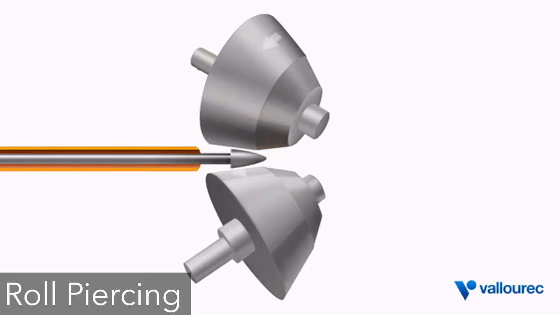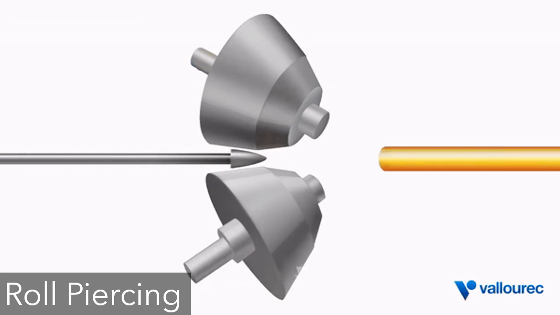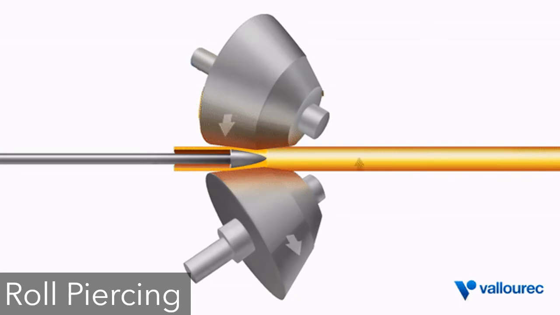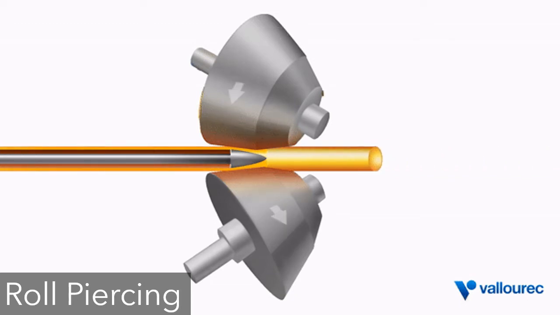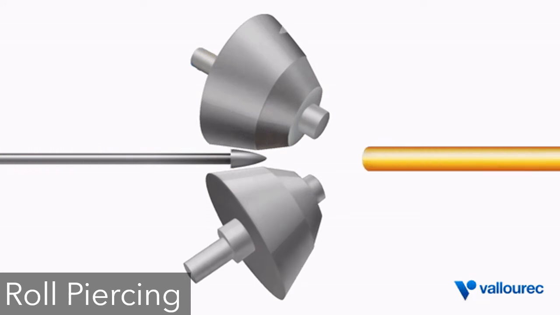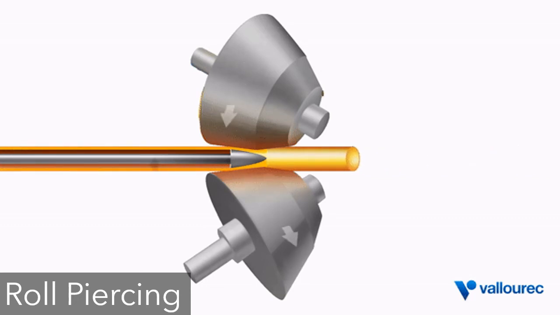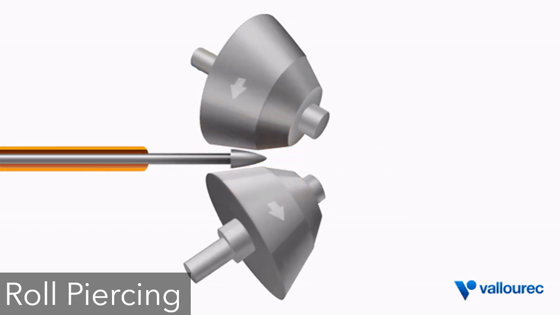In the former, the two rollers are set at an angle to each other. The billet under the rollers is deformed and the cavity formation is initiated at the center due to the tensile stressing. The carefully profiled shape of the mandrel assists and controls the formation of the cavity inside the seamless pipe.